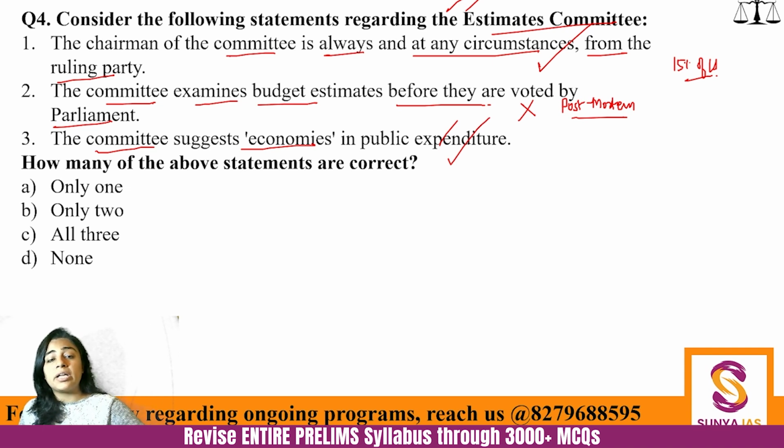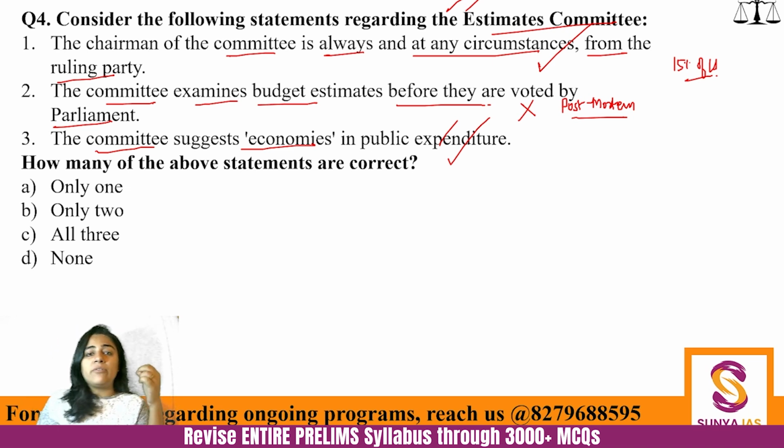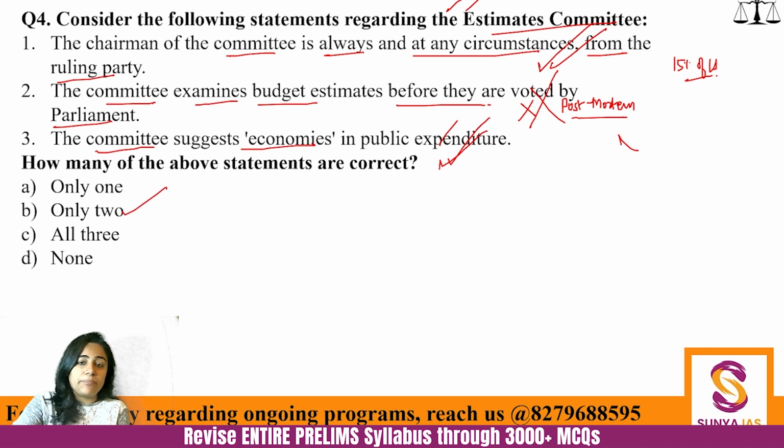Basically, if you are allotting 100 crore for a scheme, then the estimates committee would see the functioning of the scheme and then suggest that this can be done in 80 crores also. These kind of functions, but not before they are voted by the parliament. This is after they are voted by the parliament. So the second statement becomes incorrect, and this is one of the criticisms also. First and third statements are correct. So only two statements are correct, and this one is your B.